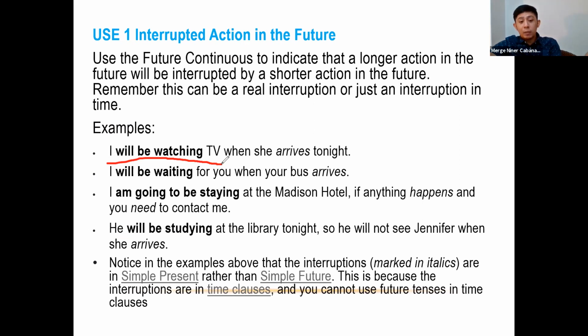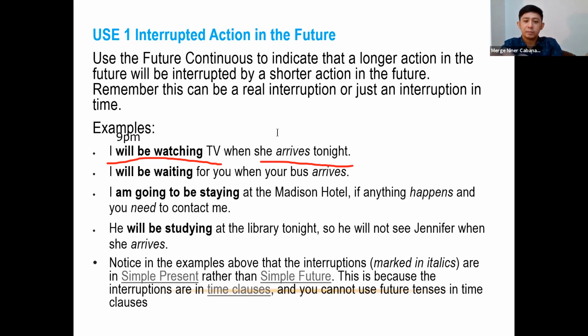Let's say, I will watch TV at 9 p.m. I will start watching TV at 9 p.m. Now, she arrives somewhere between 9:10 and 9:15. She arrives tonight at around 9:10.